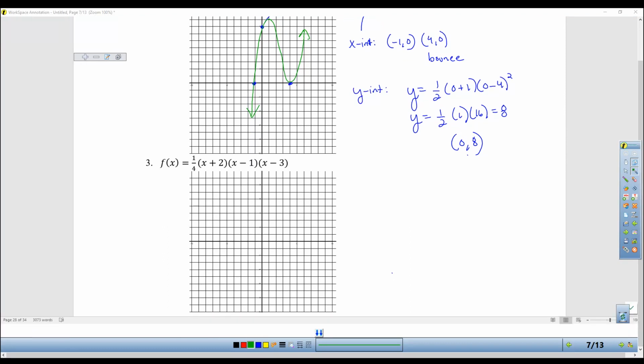Last one. So again, it's cubic, x times x times x. And so I know its general shape. I know that the x-intercepts are -2 will make a 0, 1 will make a 0, and 3 will make a 0.